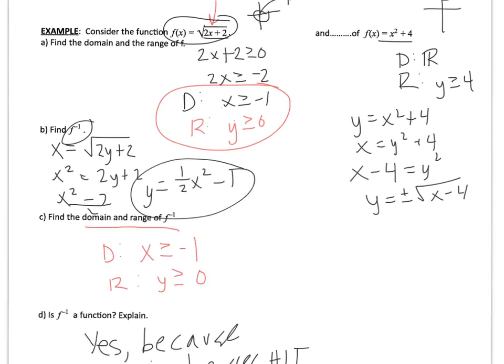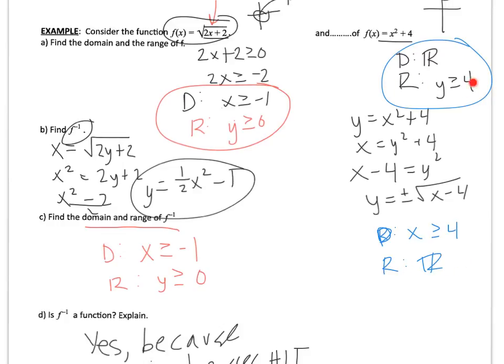So the domain and range are just flip-flopped. So the range is x greater than or equal to 4, and the range is going to be all real numbers. I wrote it R instead, I meant a D. See, I took these two. Domain was all real numbers, so the range is all real numbers.